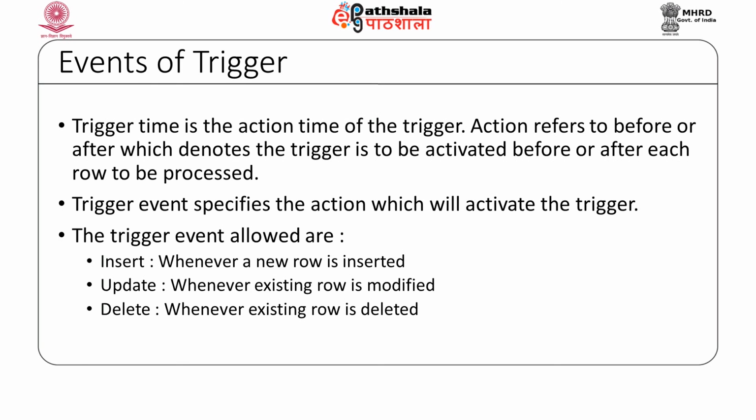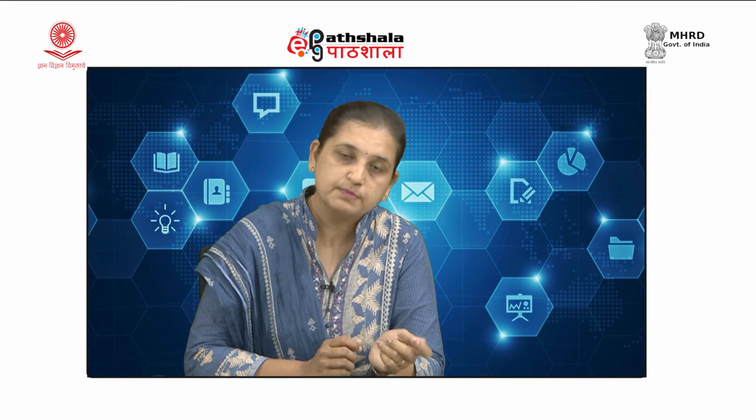But here again remember that these events are dependent on before and after. If I am writing an action on insert, it is important what I have specified, whether I have specified before insert or after insert. Similarly, it goes for update, that is, I have specified before update or after update. Delete, I have specified before or after.